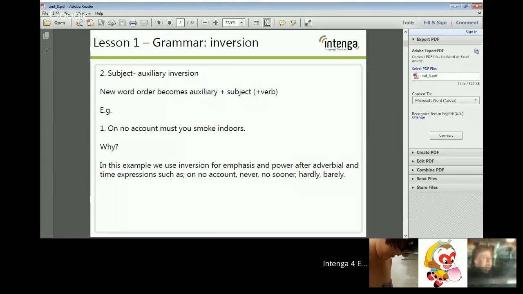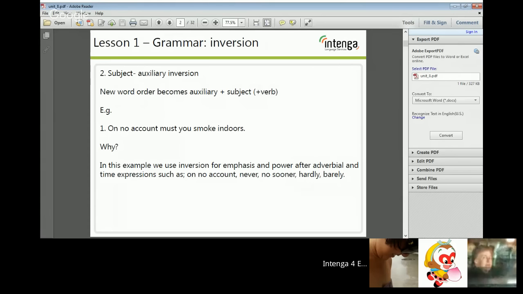So I think because we're saying on no account must you smoke, with the must, it's kind of like, whoa, whoa, whoa. When you hear the word must, it's very strong. And so you need to just be very aware of what's going on there then, okay? So that's basically why we're using inversion.